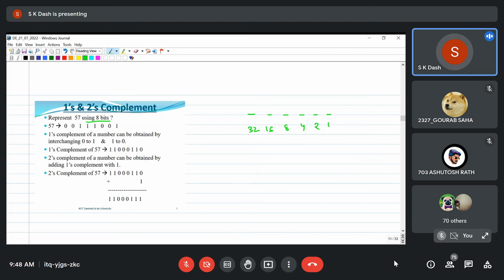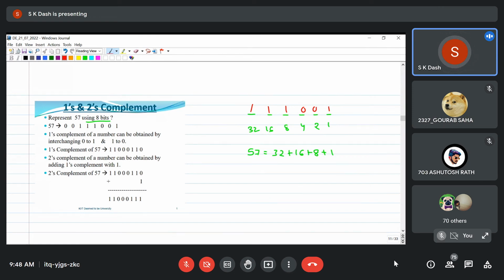What is 57? 57 is equal to 32 plus 16, that is 48, 48 plus 8 is 56, plus 1 is 57. So in those corresponding positions I need to put 1, and in other positions I need to put 0.